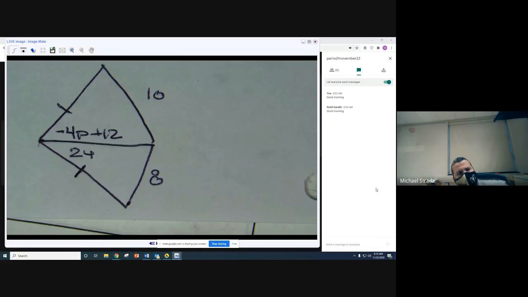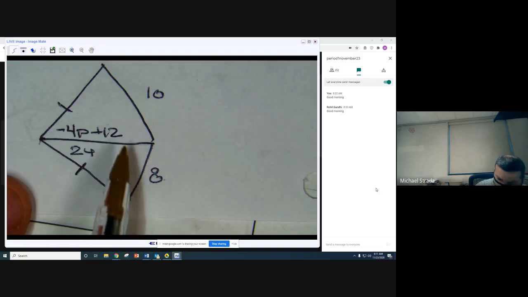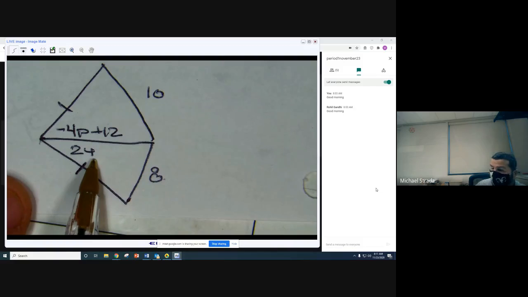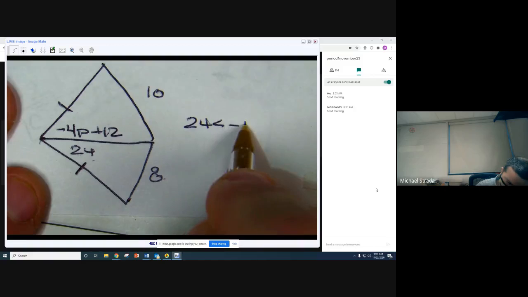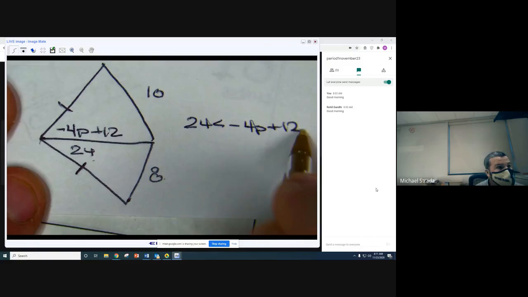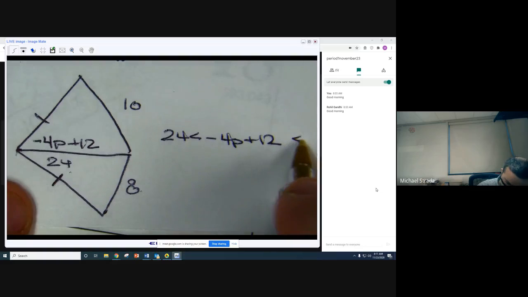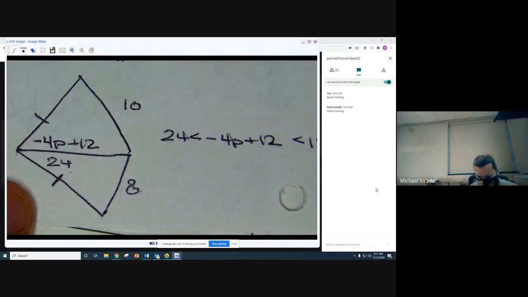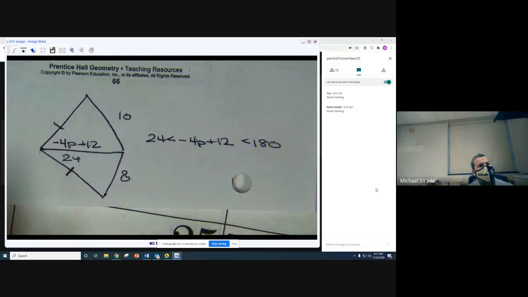Pretty much all the ones we did the other day, it was less than, so we added a 0 on the end. If it's greater than, and everybody understands 10 is bigger than 8, then negative 4p plus 12 will be greater than 24. So when I set up my inequality, negative 4p plus 12, please make sure you realize it also must be less than 180.